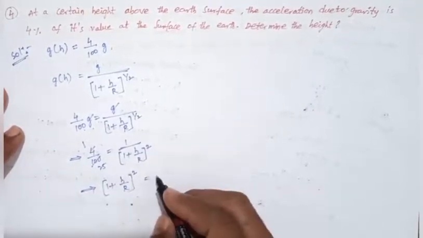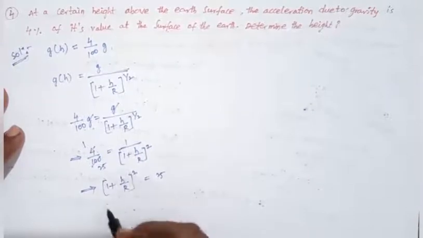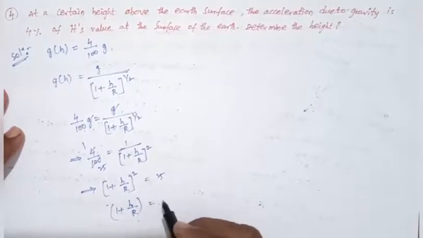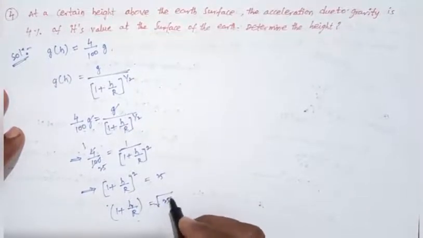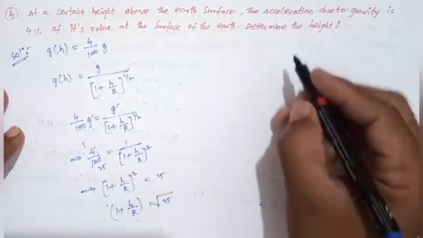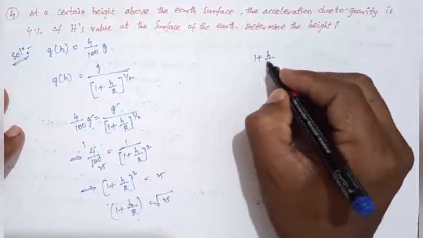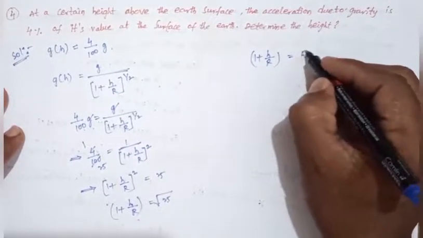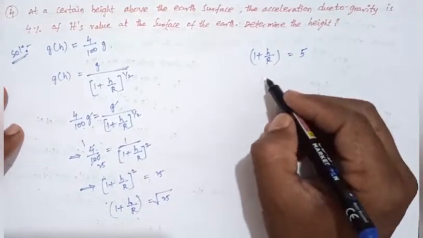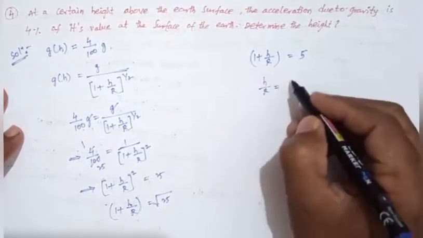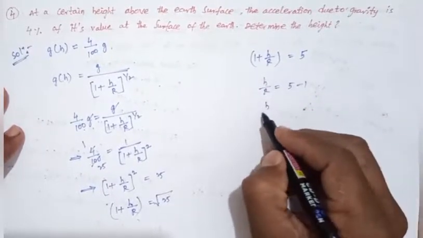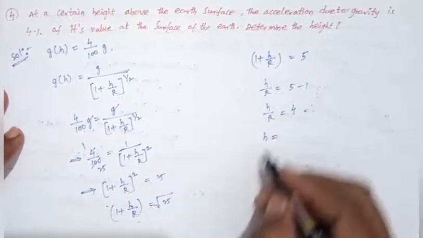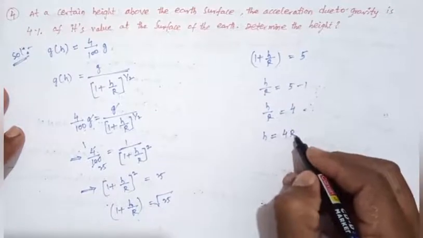So then cross multiplication, it is 25. So here 1 plus h by r equals square root of 25. Square becomes square root. So 1 plus h by r equals 5. Okay, here h by r equals 5 minus 1, so h by r equals 4. So then the height h equals 4r.